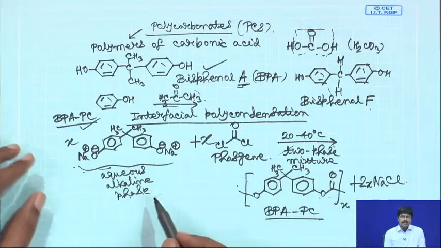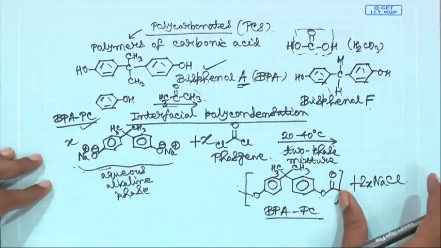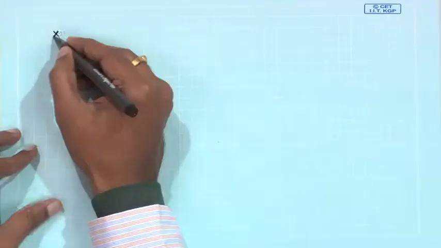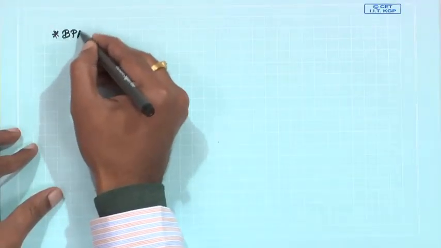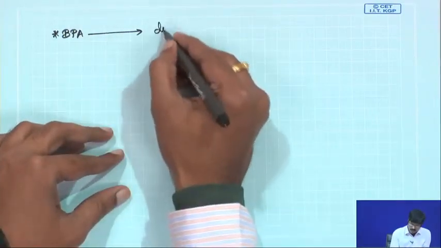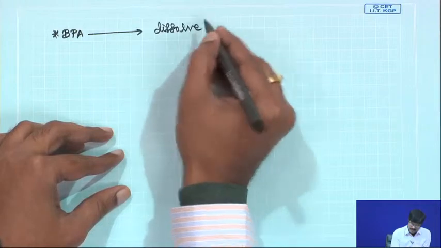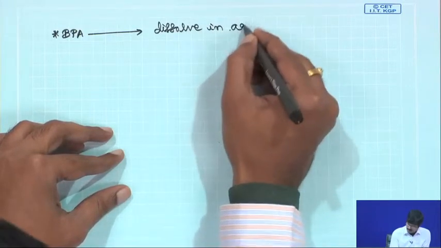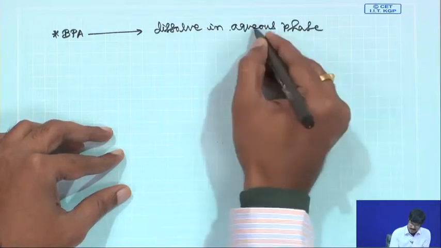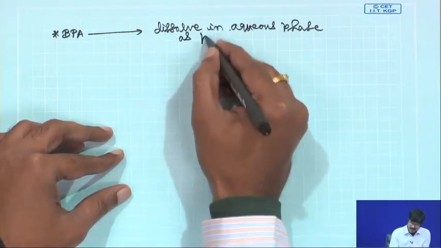So, what is done here is, firstly you take your bisphenol A and you dissolve it in the aqueous phase as phenolate salt.